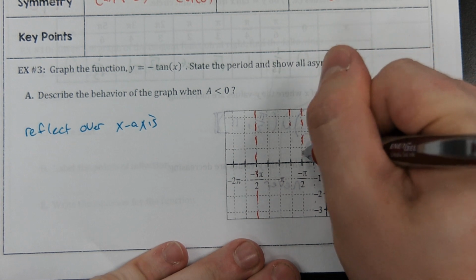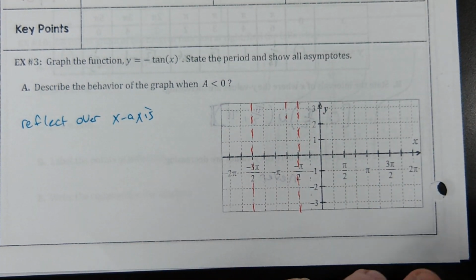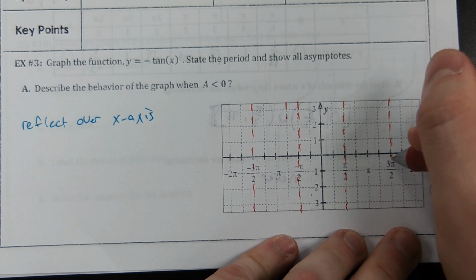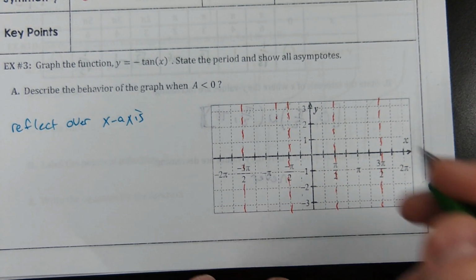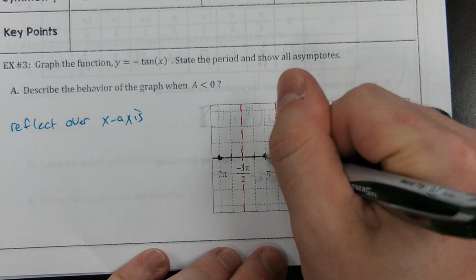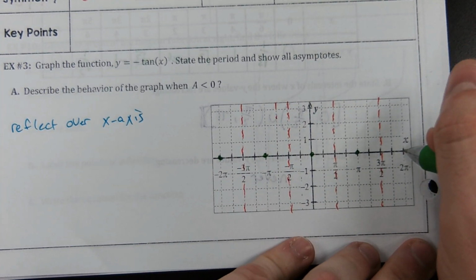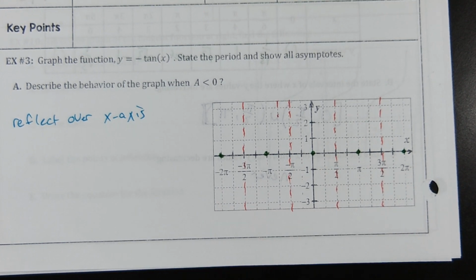I started putting my red dots in the wrong spot. Got ahead of myself. I have an inflection point halfway between every asymptote. I have an asymptote halfway between all of the inflection points. Isn't that neat?